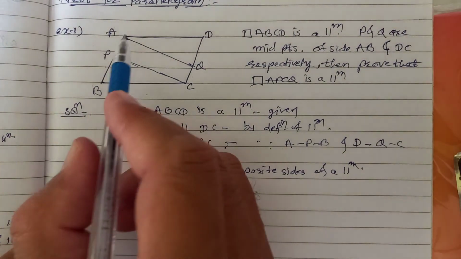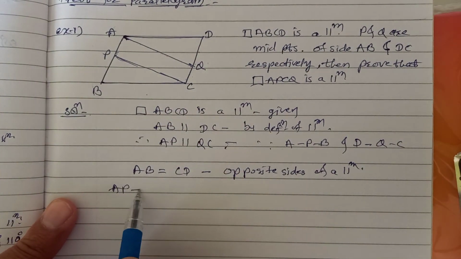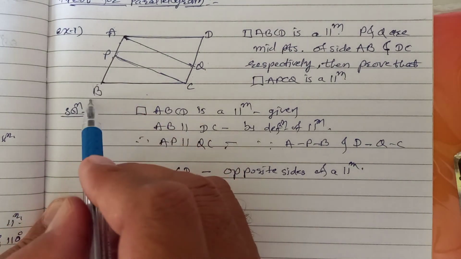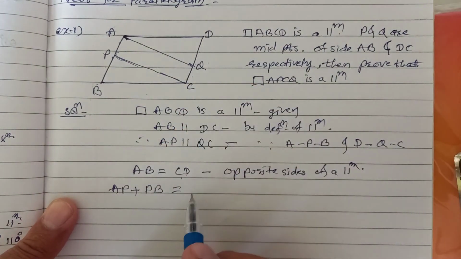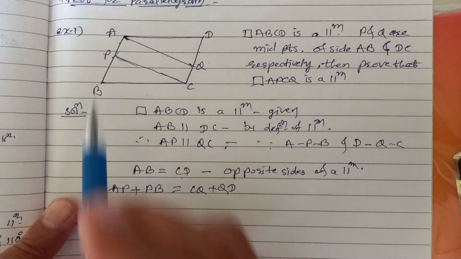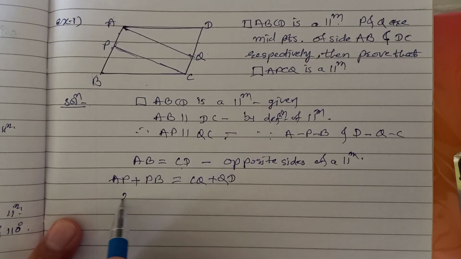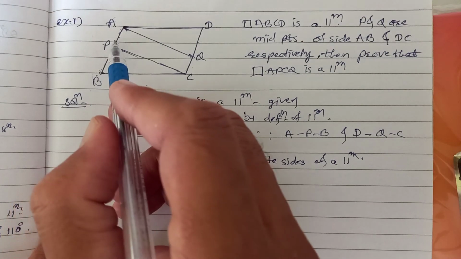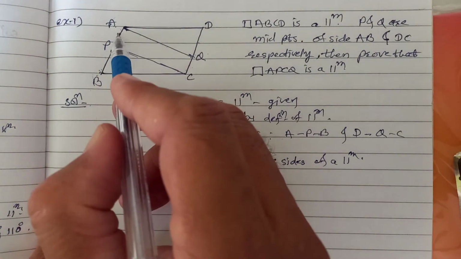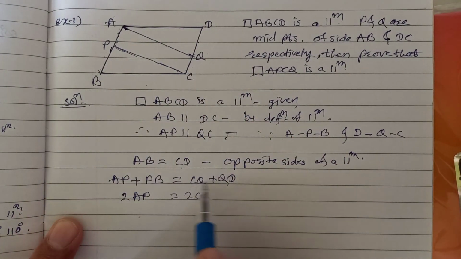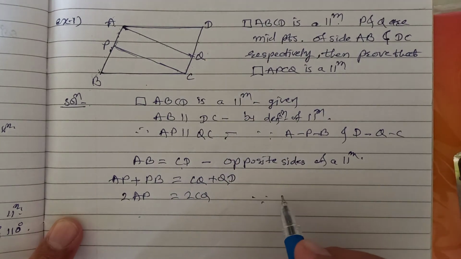So here can we say AB is AP plus PB, the addition of these two parts, and CD is CQ plus QD, because P and Q lie between. Then AP plus PB, these two parts are the same, so 2AP, because P is the midpoint. And these two are the same now. So we can say 2AP means this total, like that 2QC or CQ, because QD and QC are the same. Here you have to write the reason.